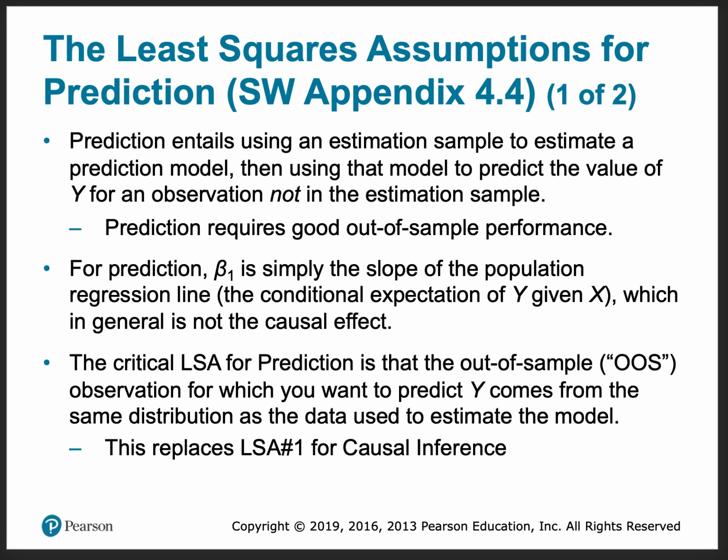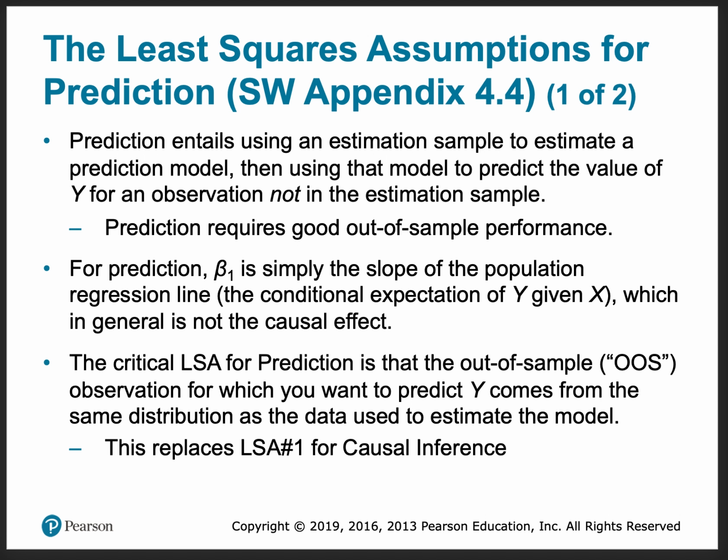The critical least squares assumption for prediction is that the out-of-sample observation for which you want to predict y comes from the same distribution as the data used to estimate the model.